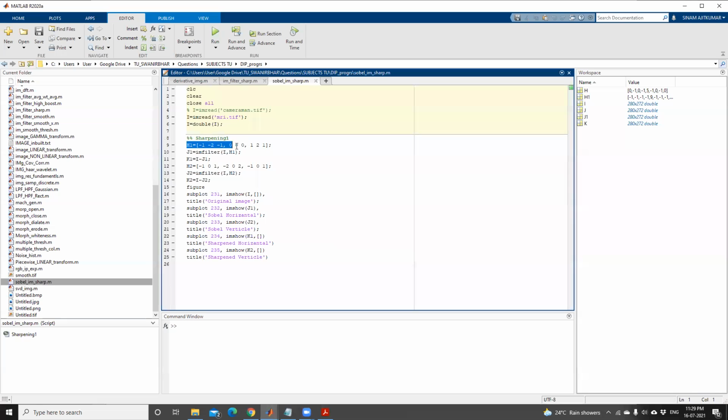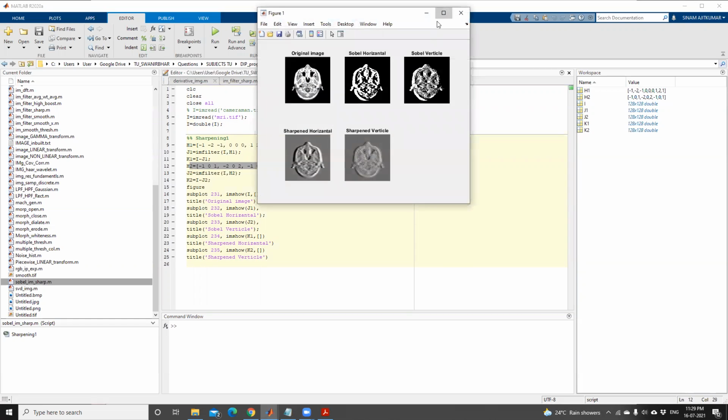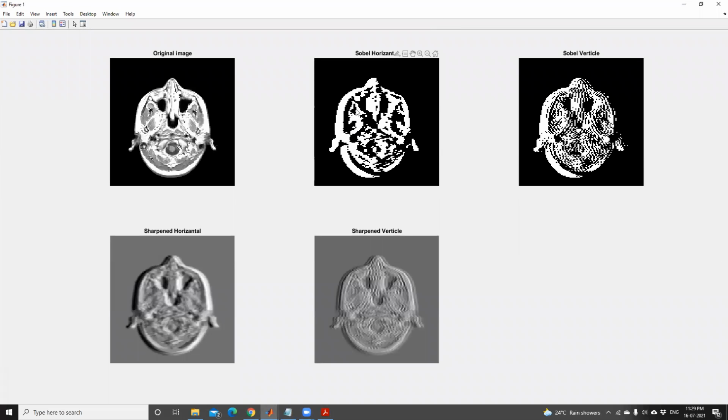I have this, the horizontal, and this is for the vertical. You can see that in one, the horizontal lines are highlighted, and here the vertical lines. Based on that, we have a sharpened horizontal image and a sharpened vertical image.